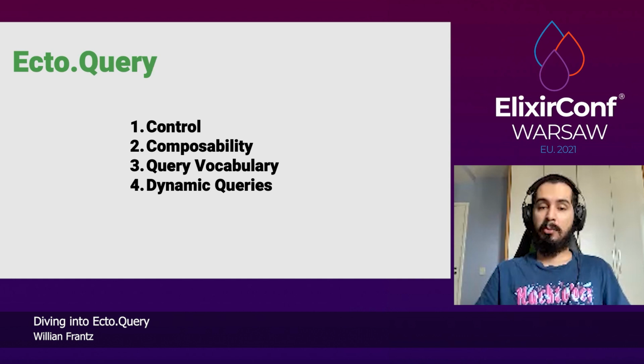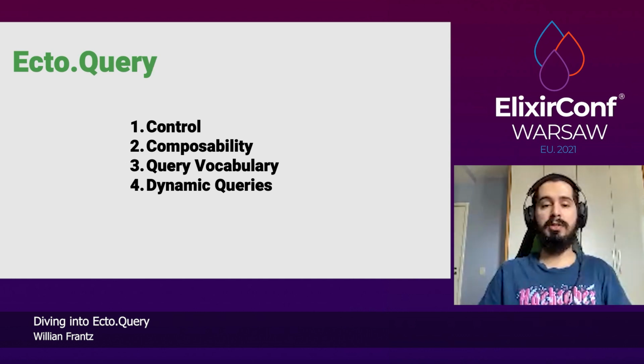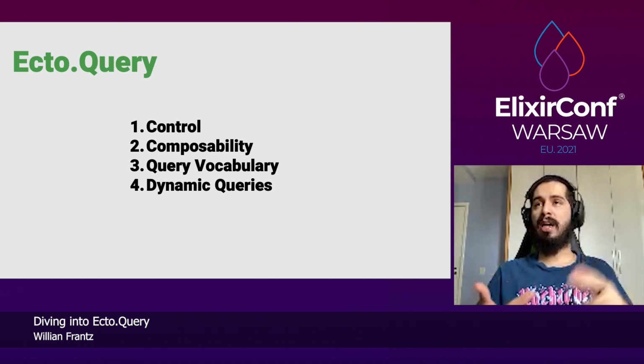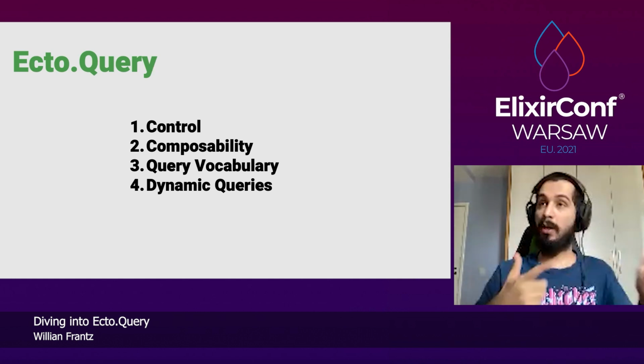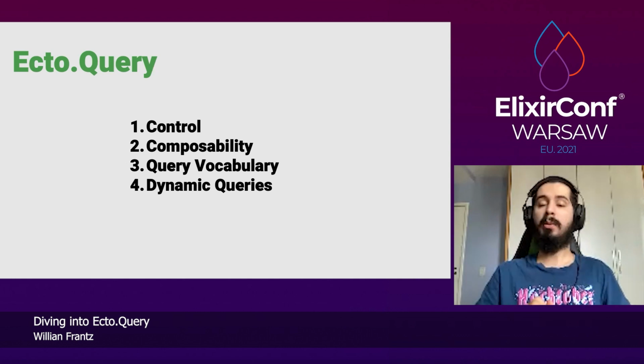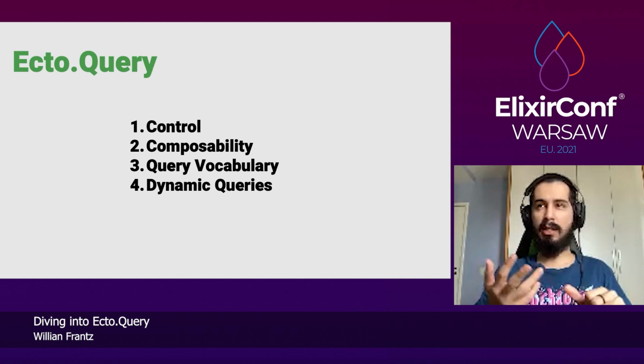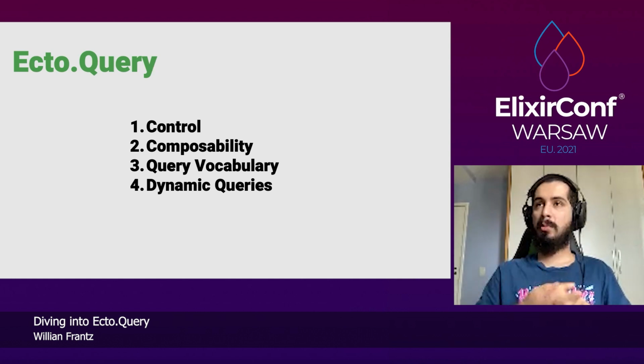Another point that's really important for me is the query vocabulary. We can create all types of queries that we want to. As we saw previously, we have windows, having, intersect, we have joins, and we have a lot of helpers as well. I've only shown is_nil and like and fragments, but we have other different types of helpers that are really helpful.